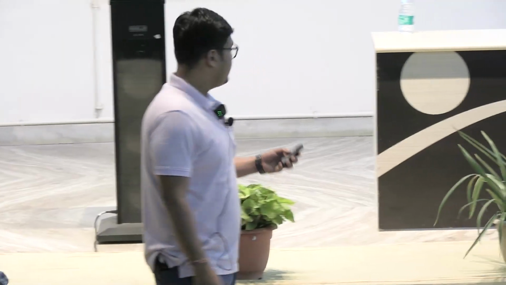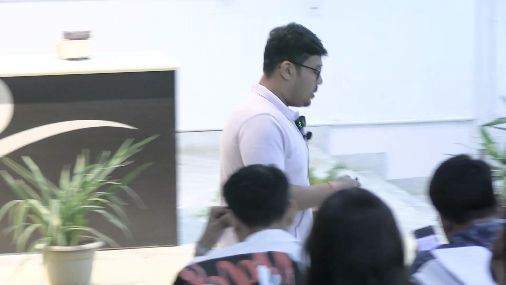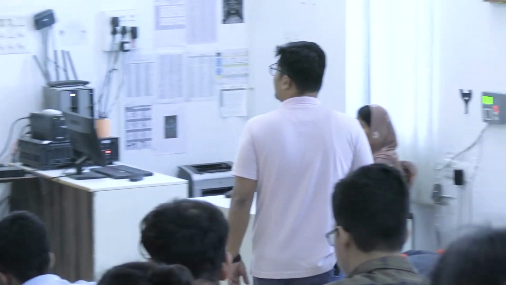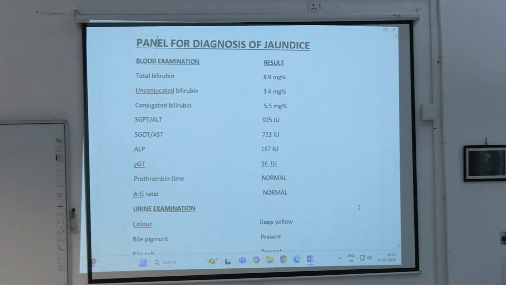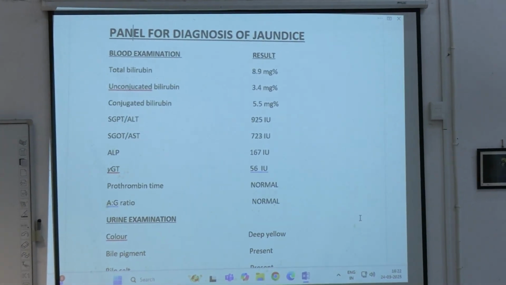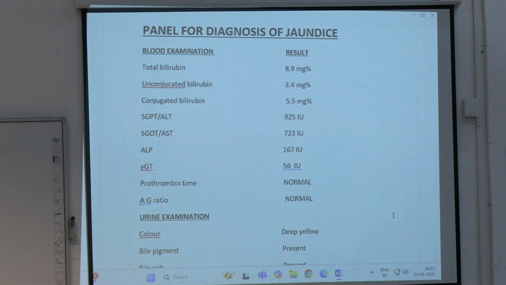Okay. First, from the first panel, what we can see, total bilirubin is 8.9 milligram per cent. Unconjugated bilirubin 3.4 milligram per cent, conjugated bilirubin 5.5 milligram per cent.